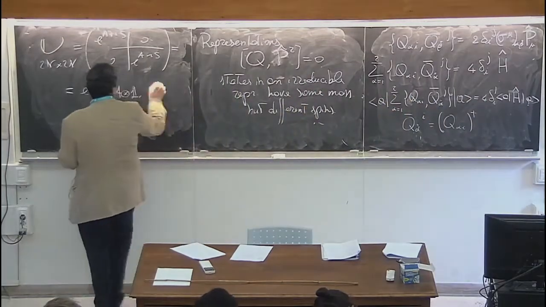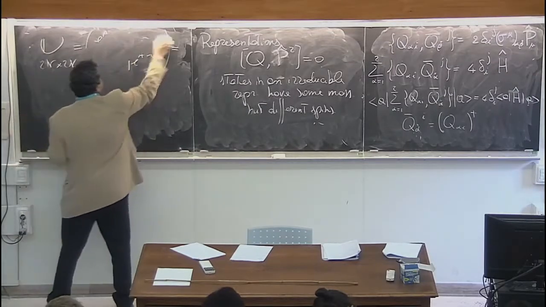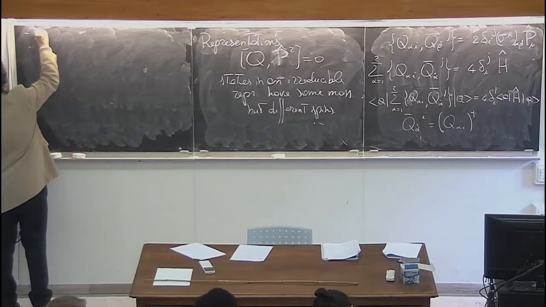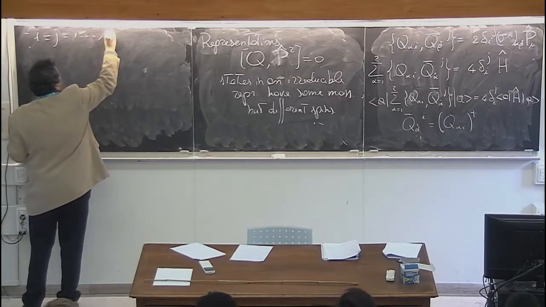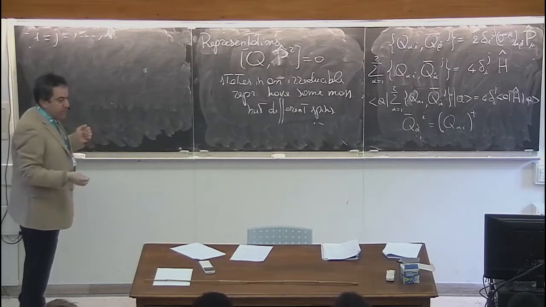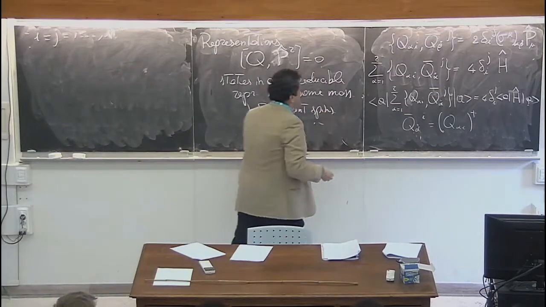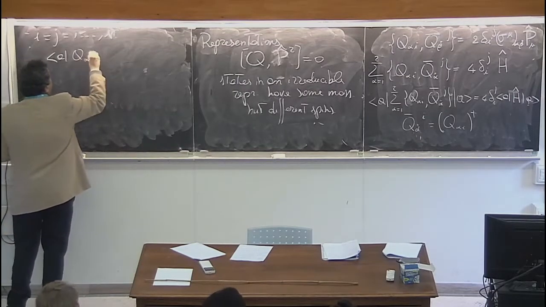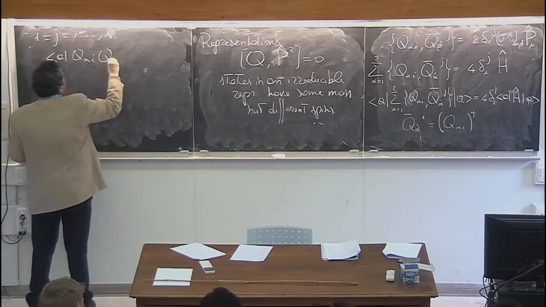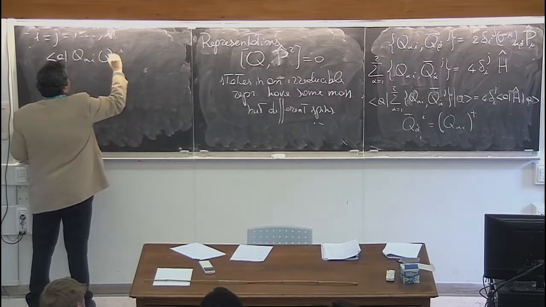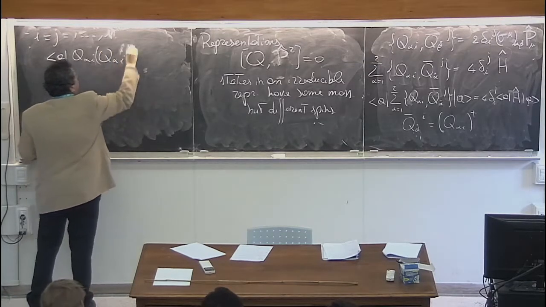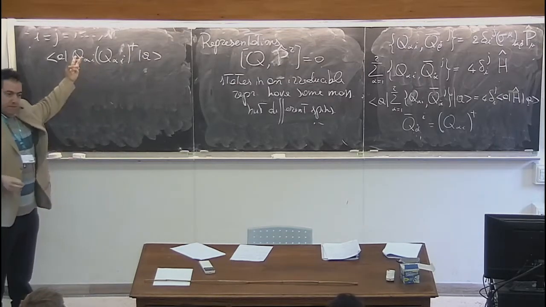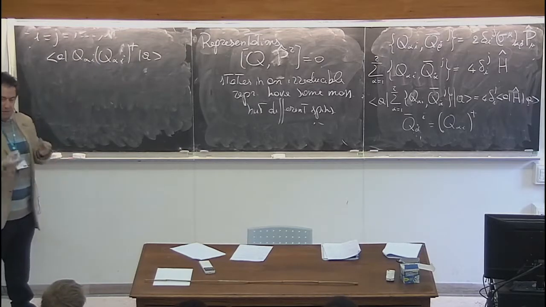For I equal J, any index from 1 to N, what is the right-hand side? This is nothing but ⟨A|Q_α^I Q_α^I†|A⟩ plus the term in which the two are interchanged.